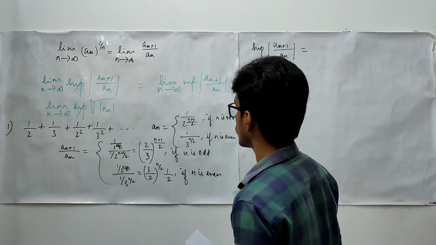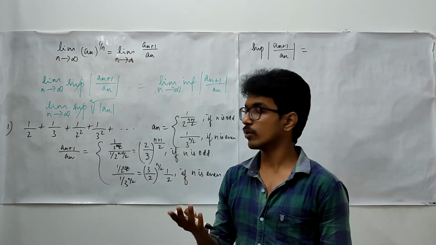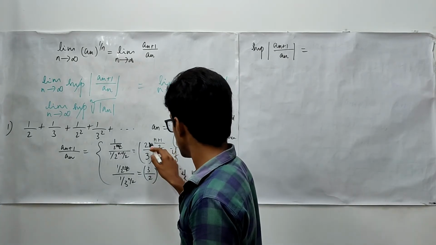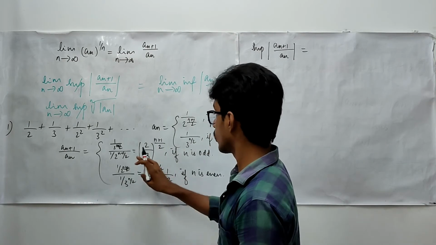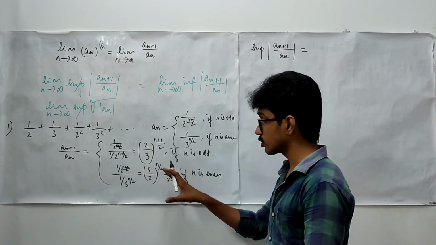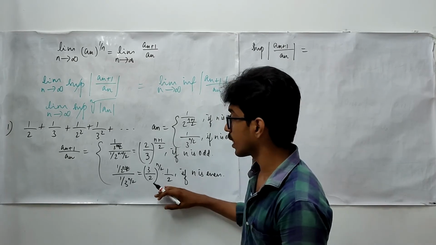What is my supremum? Here you may see that we are going to raise the power. This is 0.6 something and this is 1.5, and it has to be 1.5 power something, and it has to be multiplied by 1 upon 2. So this quantity is going to be the larger quantity.